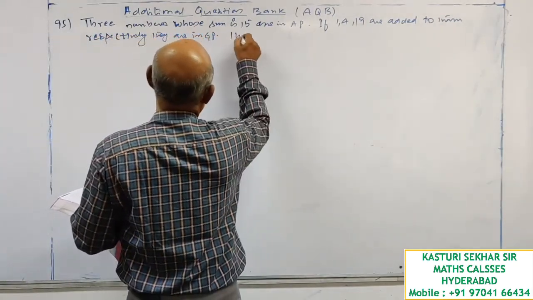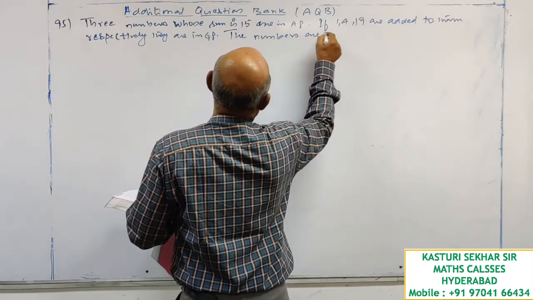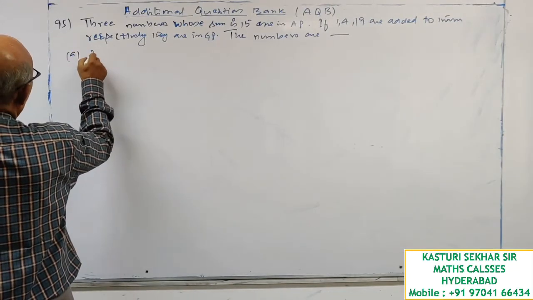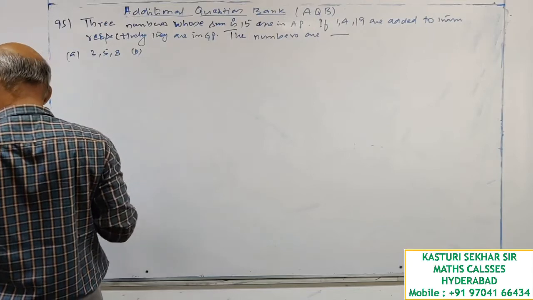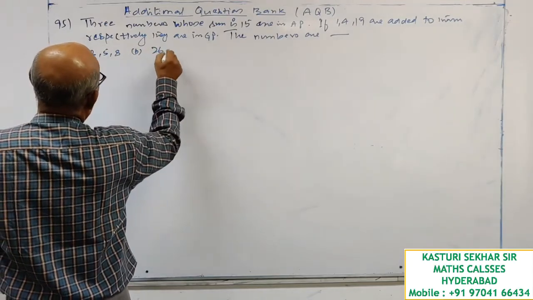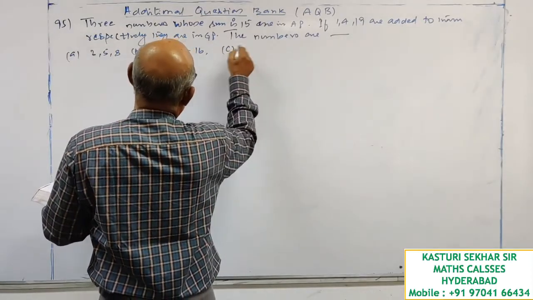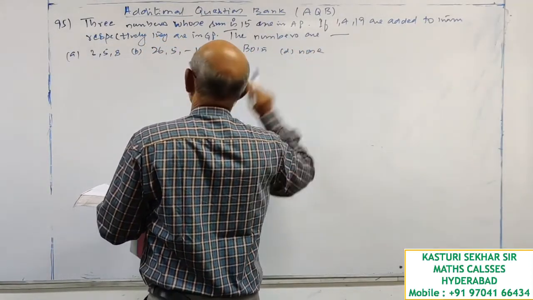The numbers are: option A, 2, 5, 8. Option B, 26, 5, minus 16. Option C, both. Option D, none.